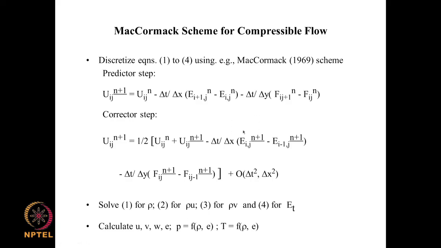And again e i minus 1 j n plus 1 bar is known, so again this is explicit. So, this is an explicit predictor-corrector type of approach for the solution of the coupled equations, and this is the MacCormack scheme, which has been used for compressible flow calculations. It was proposed in 1969, and it was a successful method.